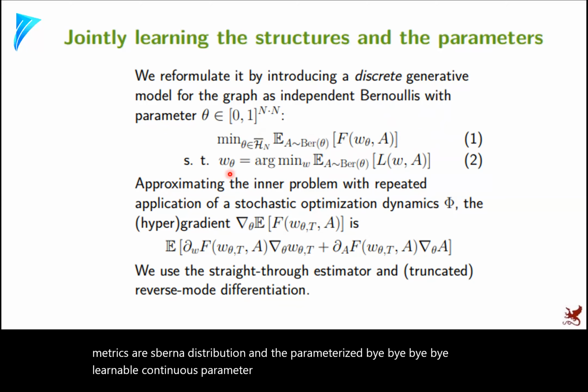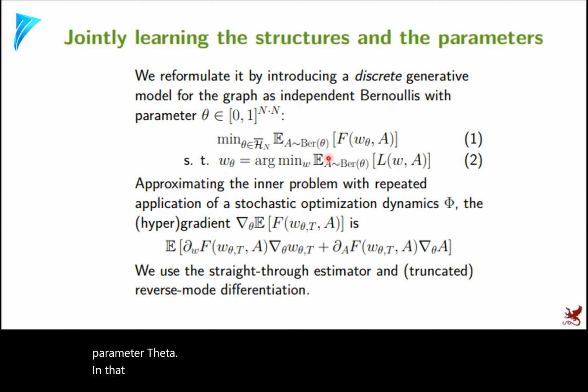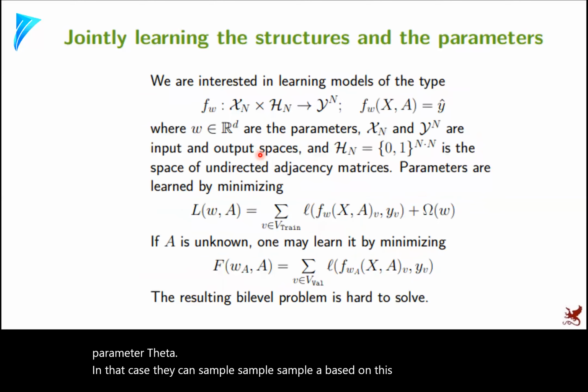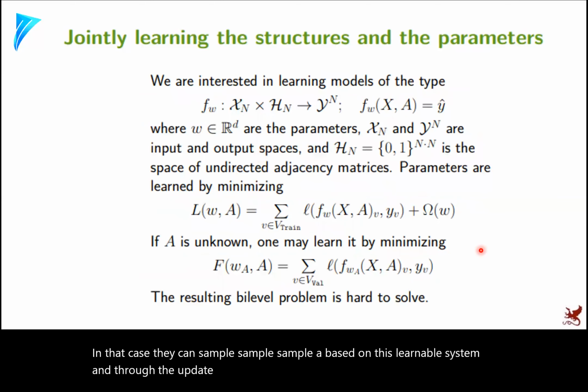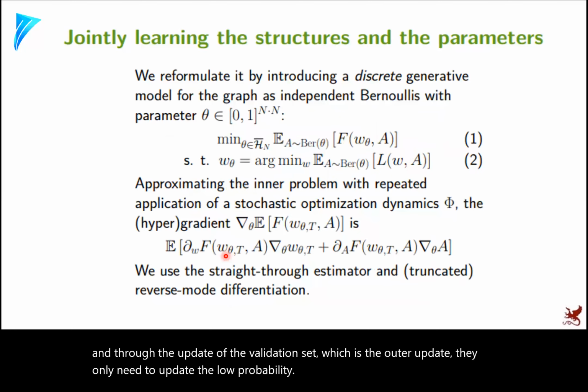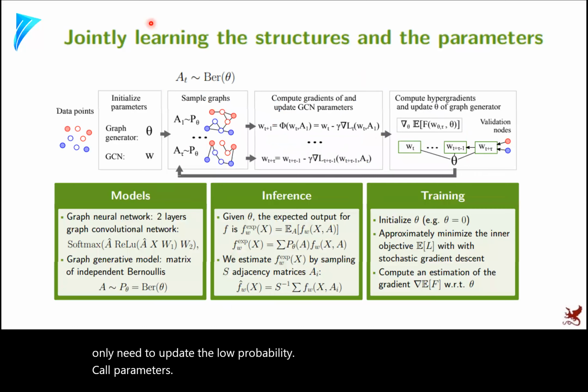In that case, they can sample A based on this learnable theta, and through the outer update on the validation set, they only need to update the probability parameters. This is the overall framework.